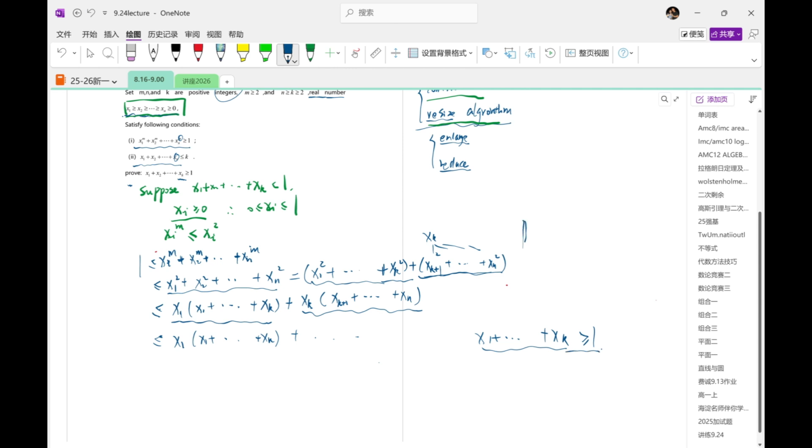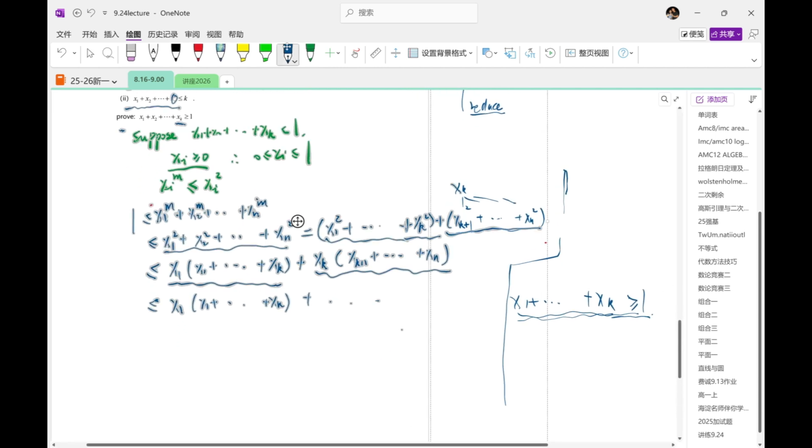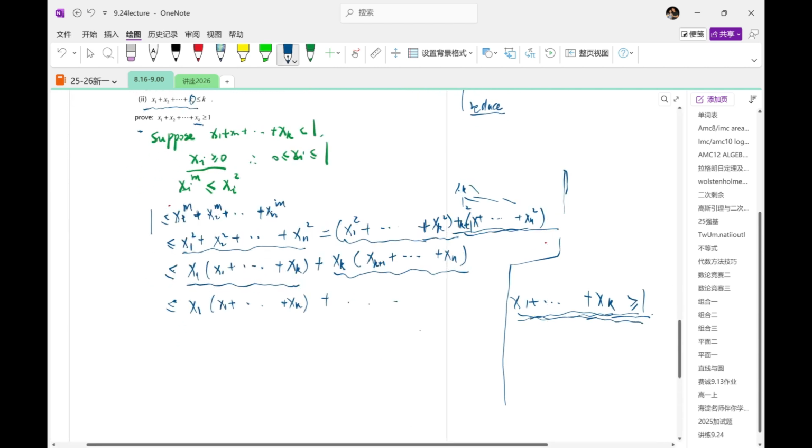If we get this conclusion, the statement will hold. So this is our main goal. We should transfer this part into this form.